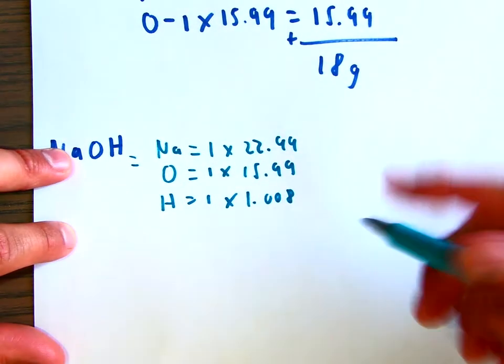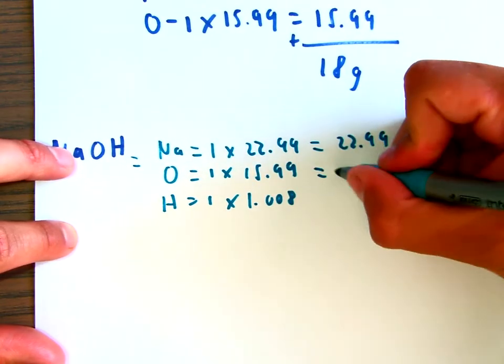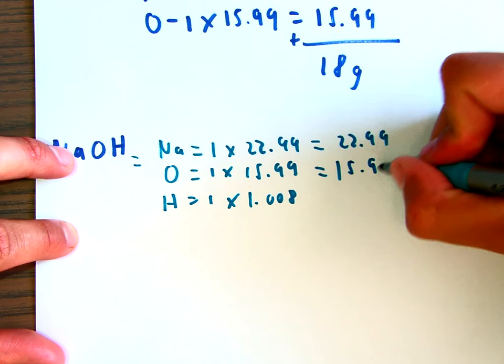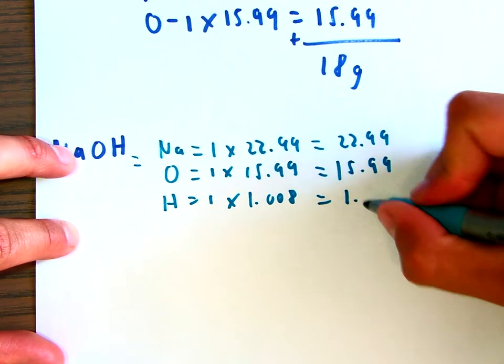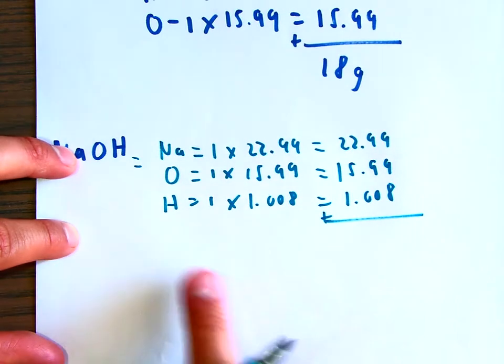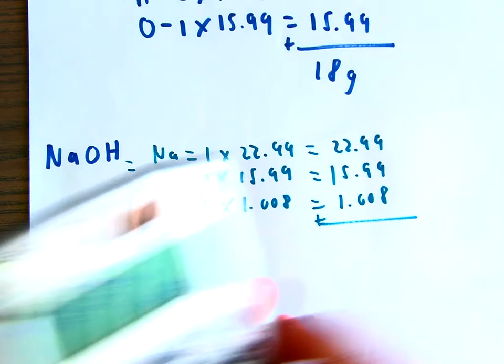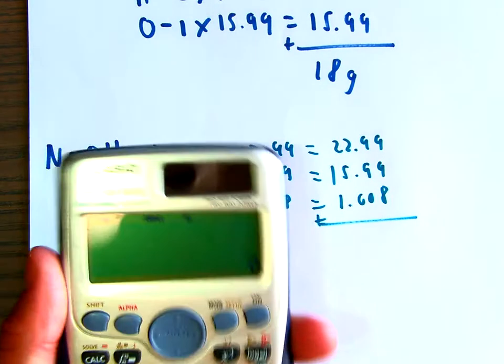Okay, we multiply all these, it would essentially give us the same number. Then we would go ahead, we would add this up. Finally, take all the masses, you add them up. And I didn't have to multiply in this case because it was all 1, right? So I would go ahead and just add this up.